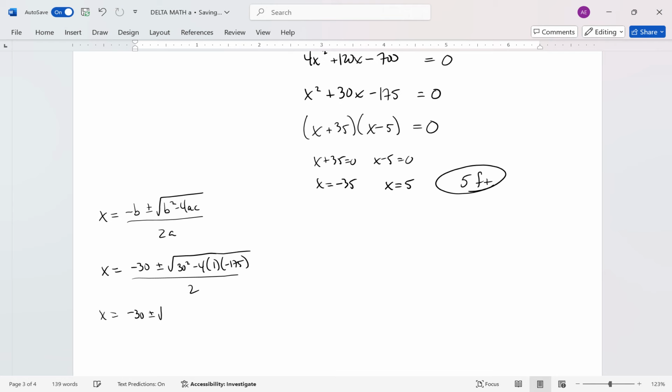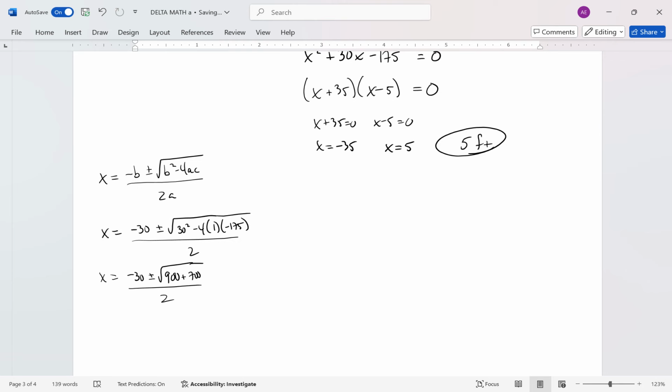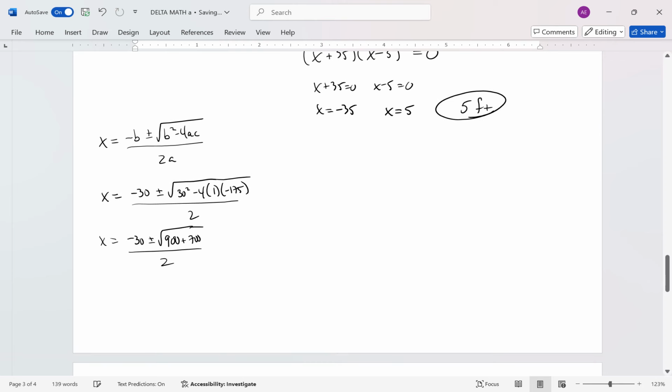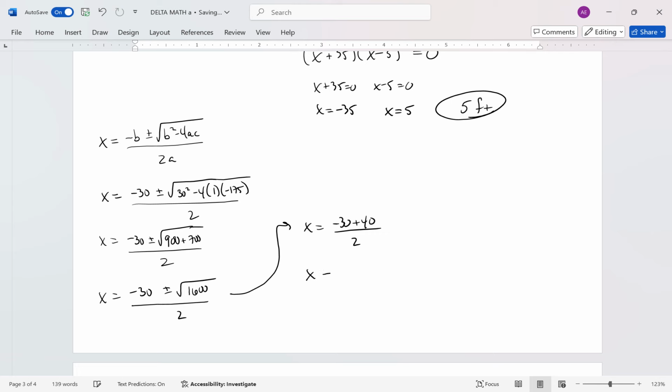Negative 30 plus minus the square root of 900 plus 700, 1,600, all over 2. That's a good perfect square. That is 40. So x equals negative 30 plus 40. I dropped the minus because negative 30 minus 40 would just give us a negative. We can't have a negative width for a walkway. 10 divided by 2, and we get x equals 5.